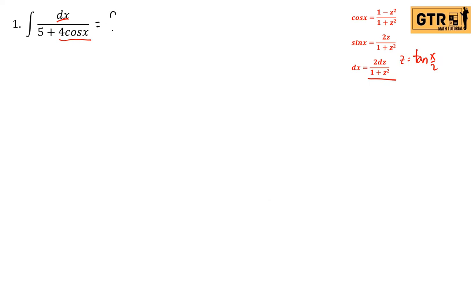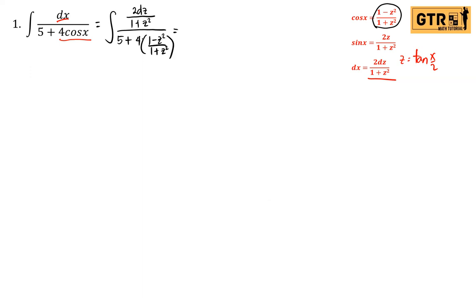So therefore, we now have the integral where the value of dx is 2dz over 1 plus z squared, all over 5 plus 4, and then let's substitute the value of cosine x, which is 1 minus z squared over 1 plus z squared. Okay, so let's simplify.